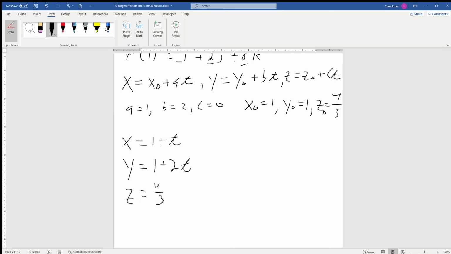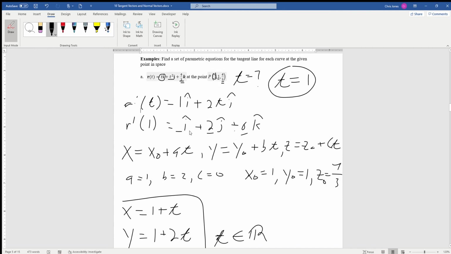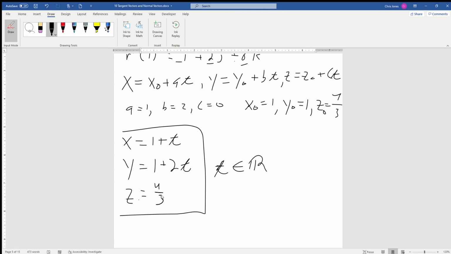Right? So that's our parametric equations, and we do have to define the value of t. t is just a real number. Right? So that's not too bad. We just go through just like we did in Calc 1, find the derivative, get the slope at that point, and then substitute that back in, except now we have these parametric types of equations.